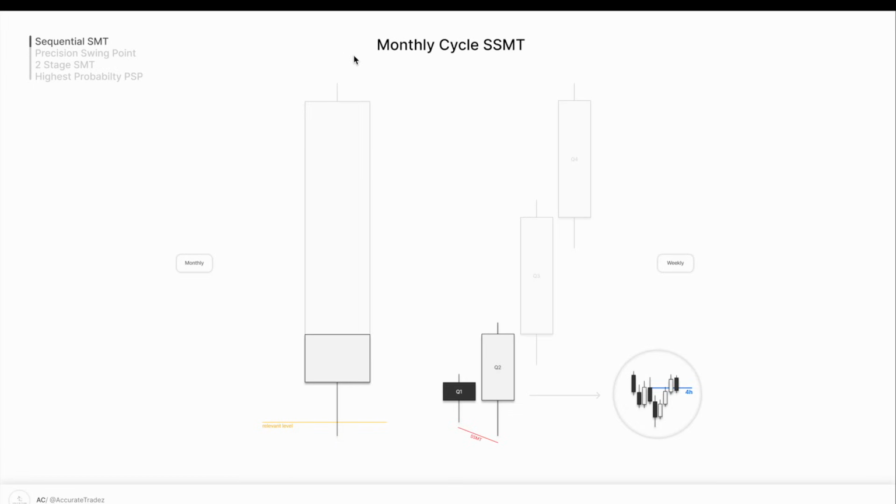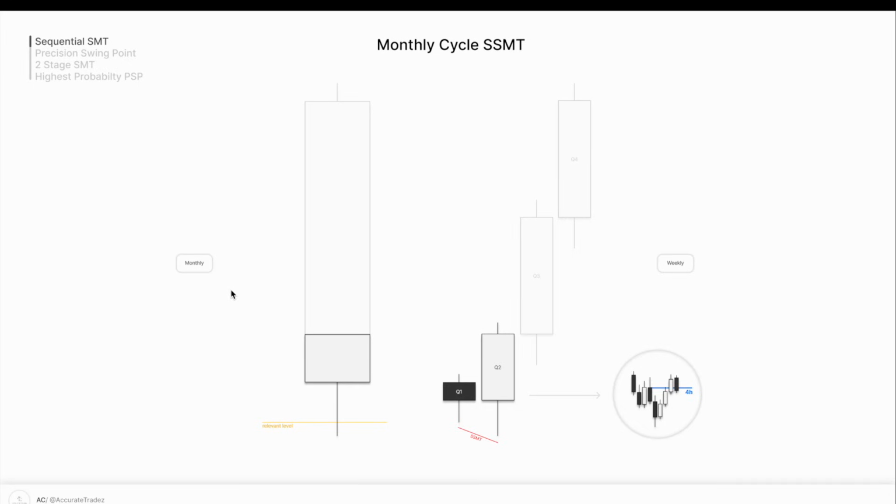So we can start from the monthly cycle sequential SMT, which is essentially where the monthly candlestick has hit some kind of relevant level, and we do know that if you want to capture the majority of the expansion in a higher time frame candle, we need to hit some kind of relevant level to then expand away from, and that can be liquidity pools, relevant lows and relevant highs, or it can be higher time frame gaps.